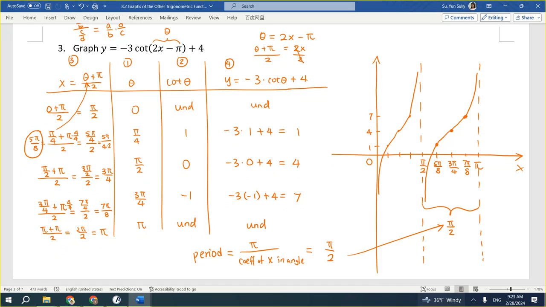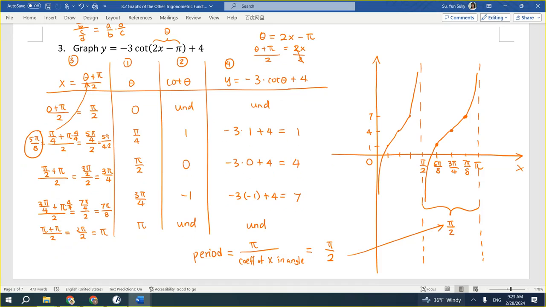So all the problems about graphing trig functions are very standard. You draw a table, 4 columns. And if you have a sine, then you what? The theta and sine theta are our 5 key points, right? You start with 0 and then 1 and then 0 and then minus 1 and then 0. That's sine theta. If you have cosine, right?